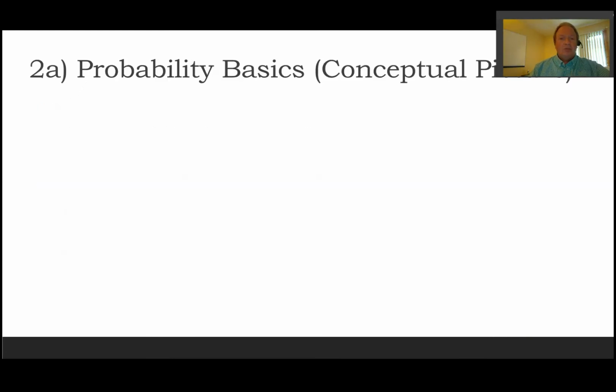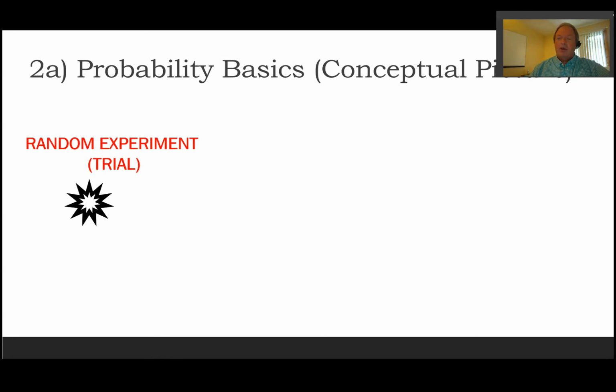But before we can do that, we have to really understand some basics about how we think about probability. Whenever we're talking about probability, the most primitive notion we have is what we call a random experiment or a trial. Essentially, this is something that satisfies three criteria.